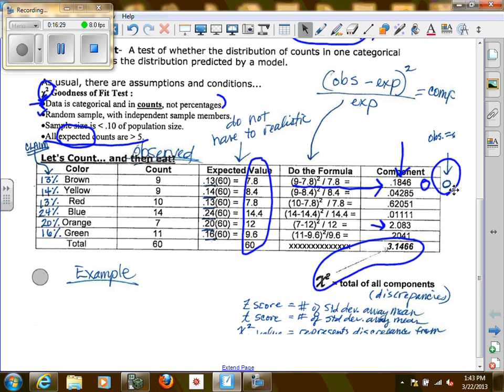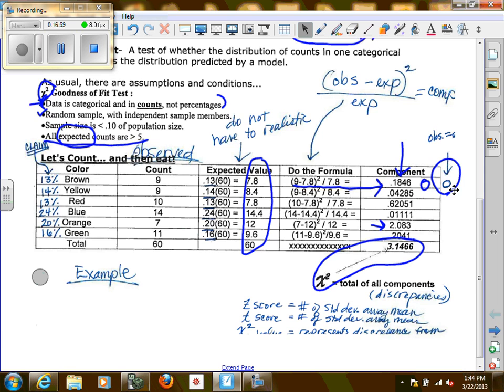The number of standard deviations away from the expected on the t-curve. Technically, when that standard deviation is made from the sample, it's called a standard error. So chi-squared is that same idea. It's how many discrepancy units you are away from expected.